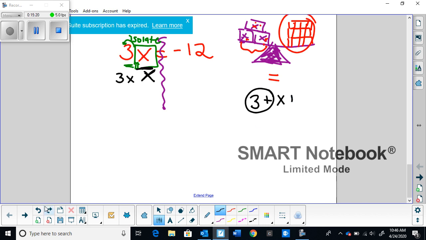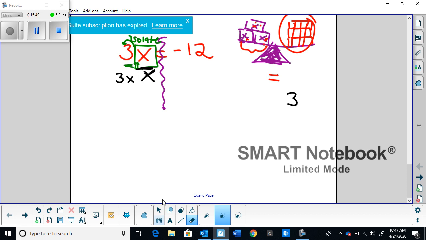Actually, let me write it a different way so it makes a little bit more sense. Let's go x plus 3, which means the same thing, but it'll make a little bit more sense.